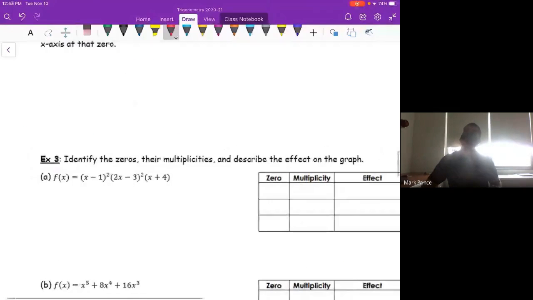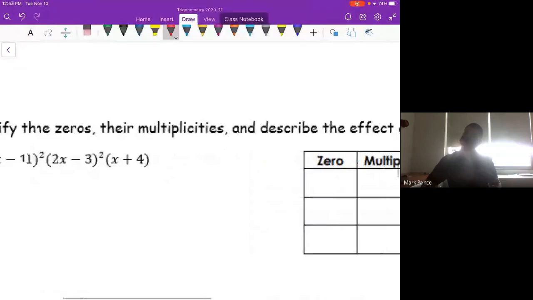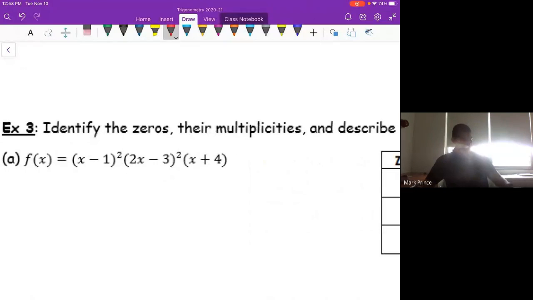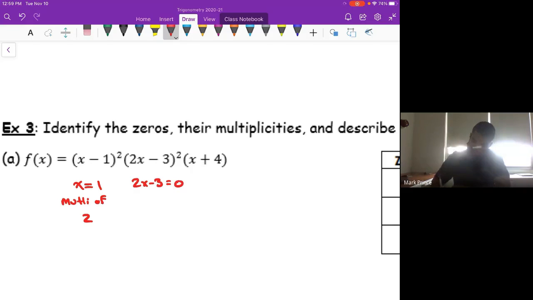All right, so let me zoom in. This one's already factored out for us. So I have (x minus 1) quantity squared, which means this is x equals 1 with a multiplicity of 2. And then if we do 2x minus 3 equals 0, we have to solve this one, a little extra step here.